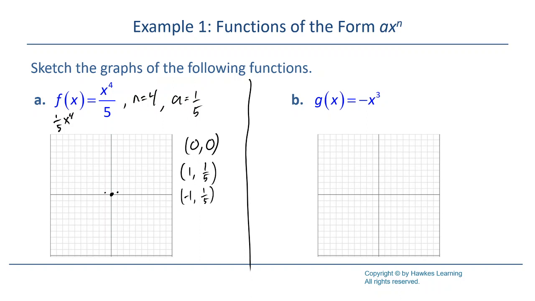So then if I do 2, let's go with 2. We're just trying to get some values. And we're also trying to not throw this thing too far off. So 2 to the 4th would be 16, and divide that by 5. So 16 divided by 5 is 3.2.